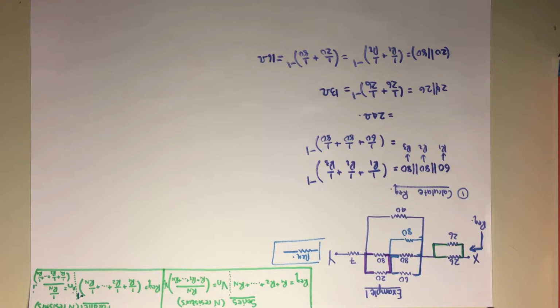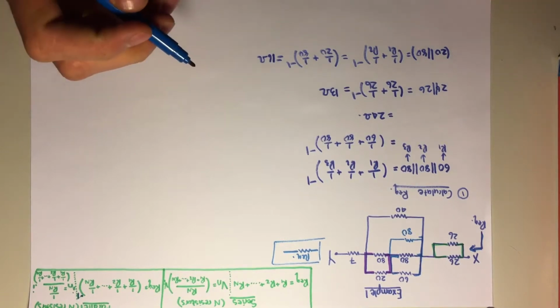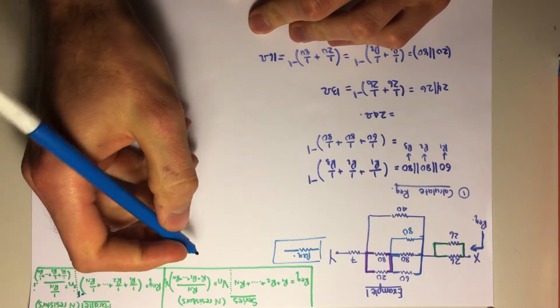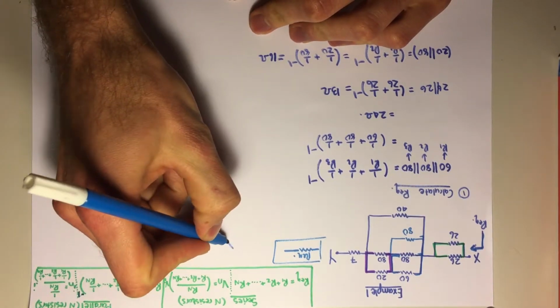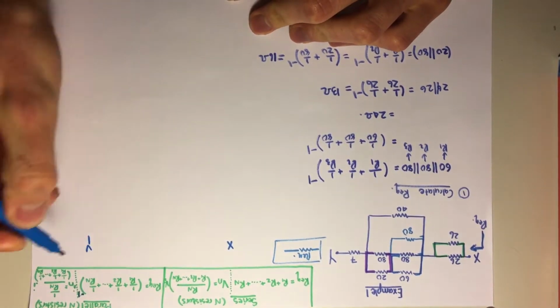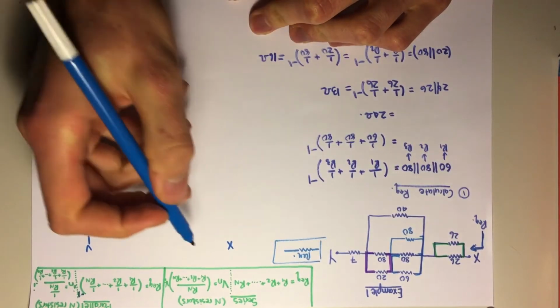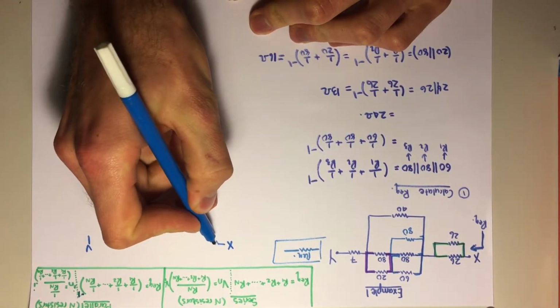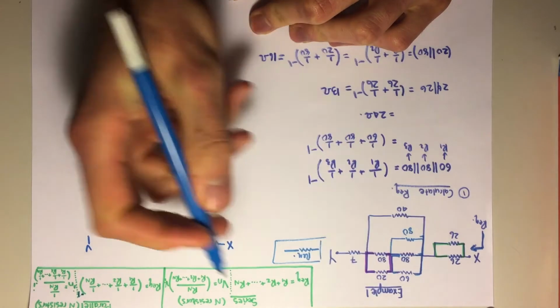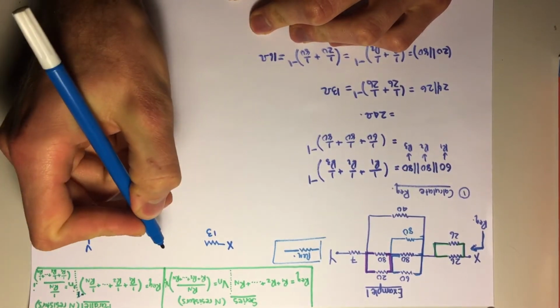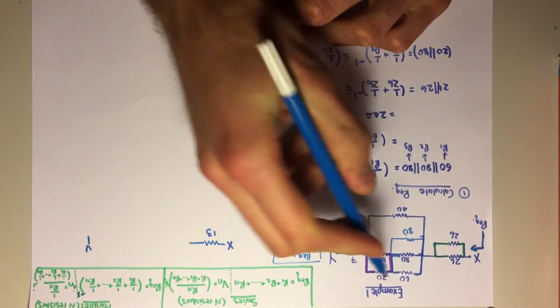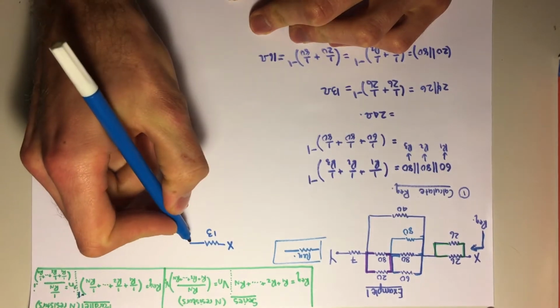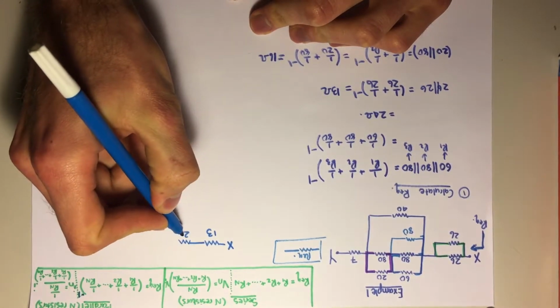So now we're going to redraw the circuit first so that we can see exactly what's going on. So let's do that here. So we have point X and we have point Y. And the equivalent we found so far, the 26s gave us 13. The 60, the 80 and the 80 gave us 24 ohms.